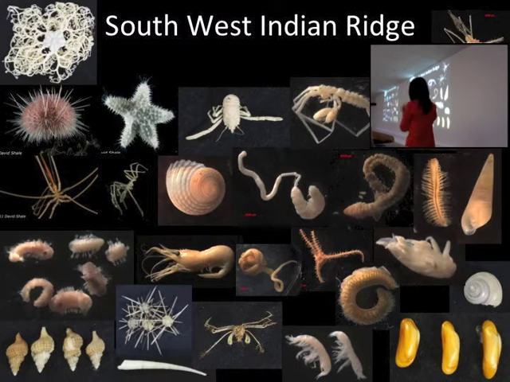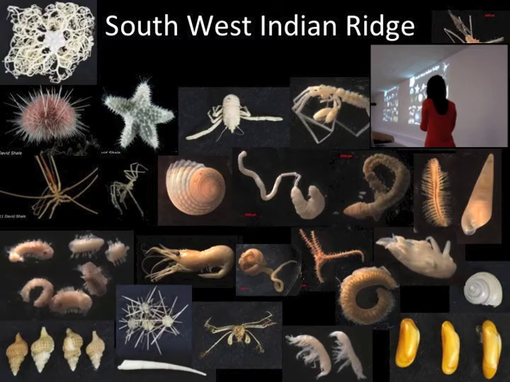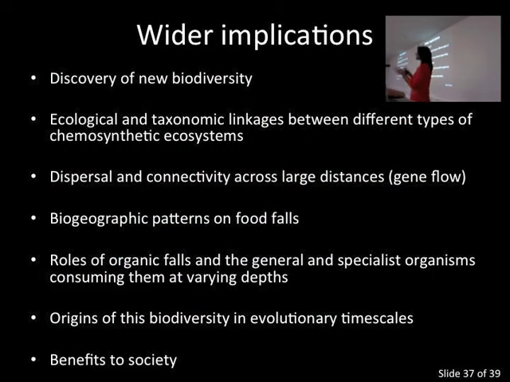And these are just one or few of each, but there are loads. Loads and loads and loads. And this is just a fraction of the types. And so when you consider that these are just packages about yay big, four of them, it just kind of shows you how important organic falls are to the deep sea in terms of being a resource for food, because so many animals come to use them.